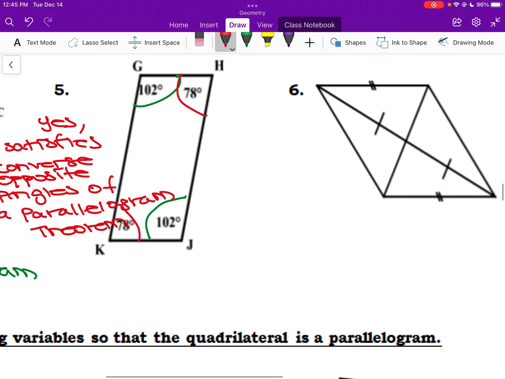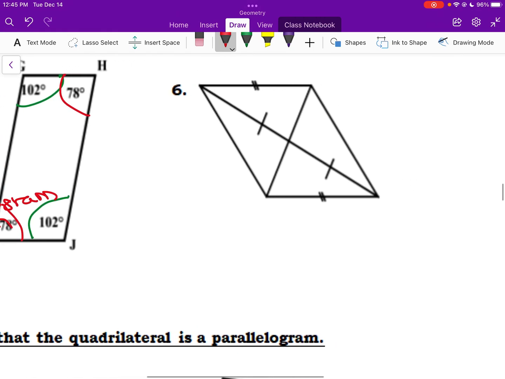Cool. Okay, we see that number 6 is pulling in some information on the diagonals. So we know that this diagonal is bisected by the other diagonal, but there's no information pertaining to the smaller diagonal. Remember that they need to bisect each other for that to be sufficient. And then it looks like they are telling us that these opposite sides are congruent.